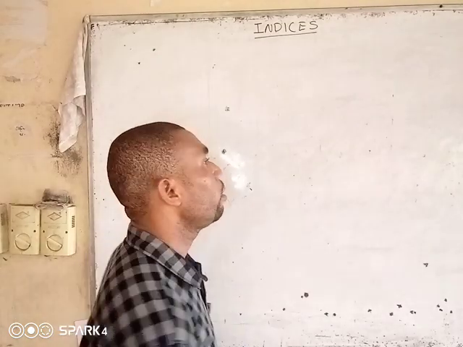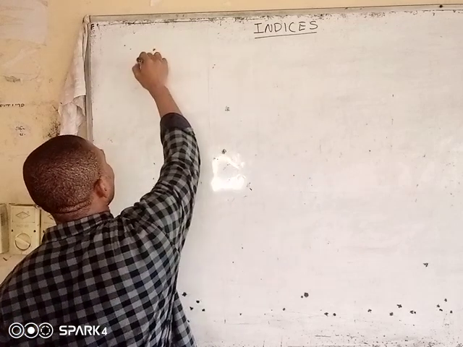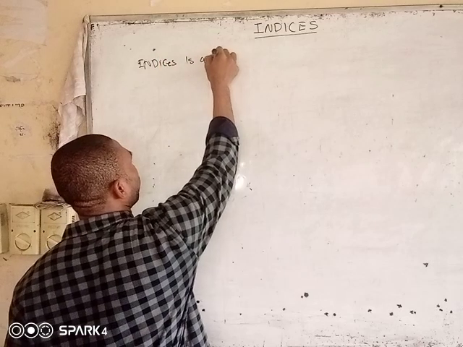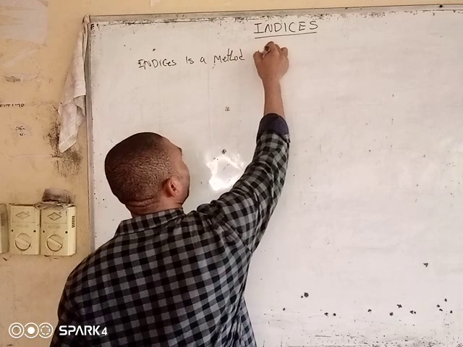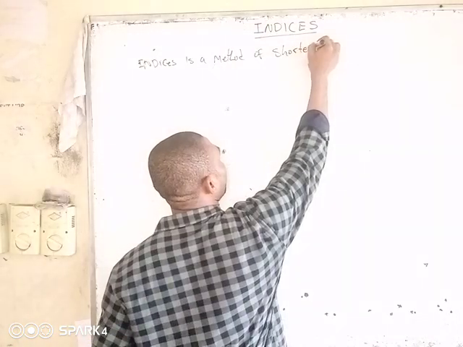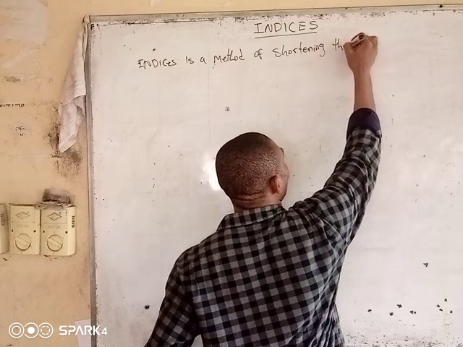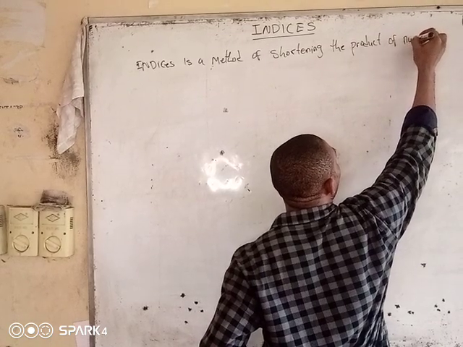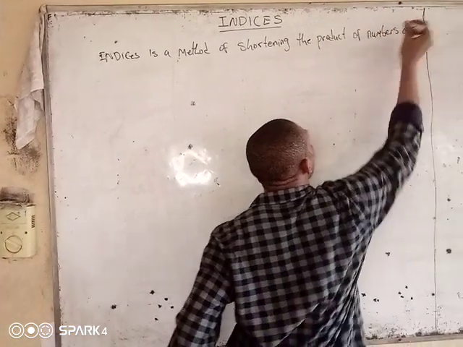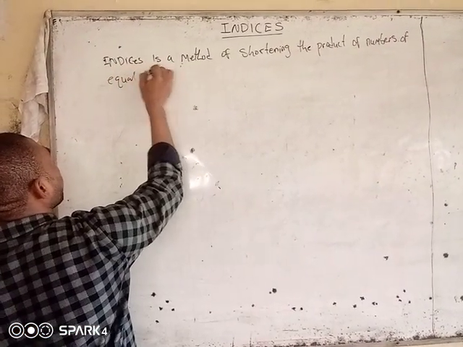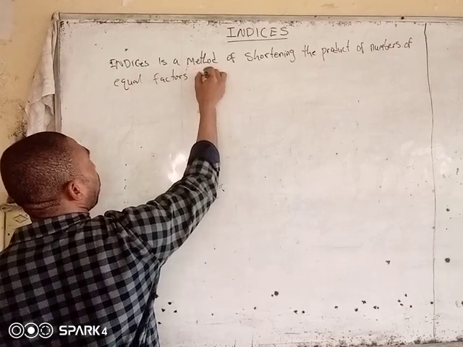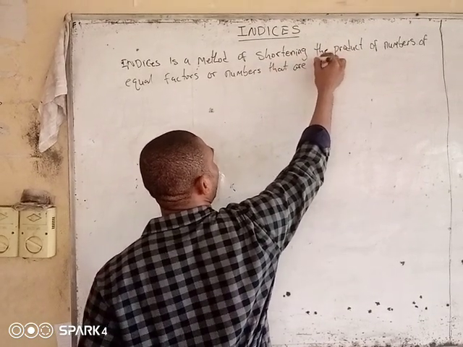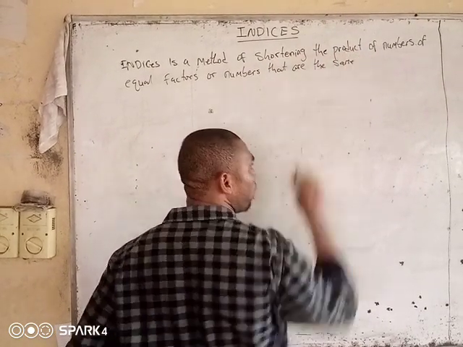Now, some authors define indices as a method of shortening the product of numbers of equal factors or numbers that are the same.